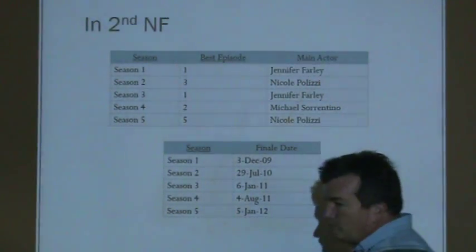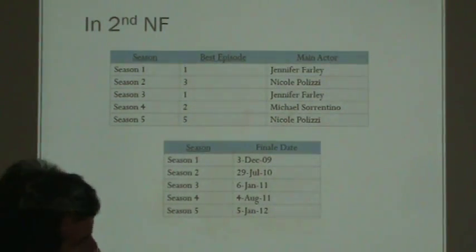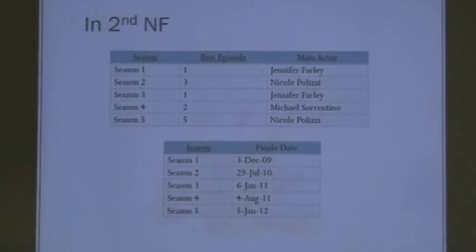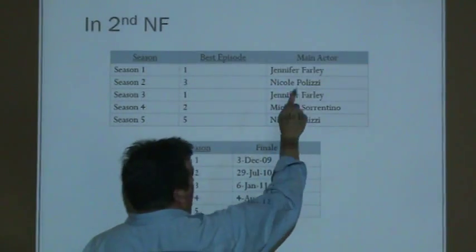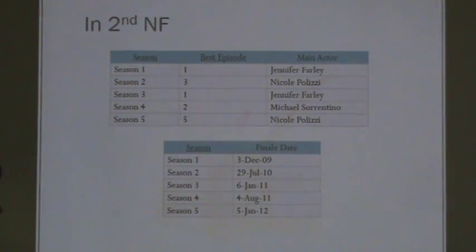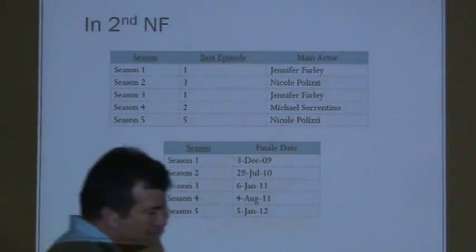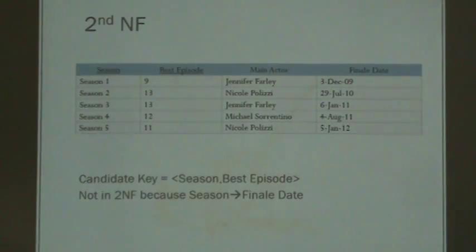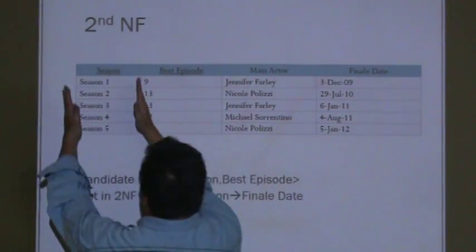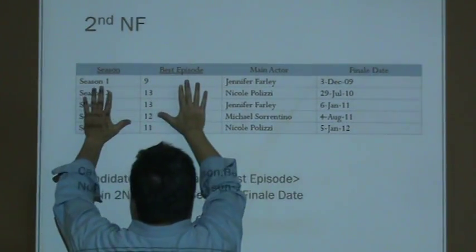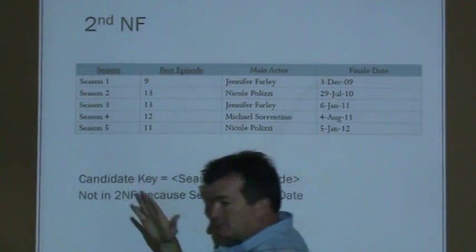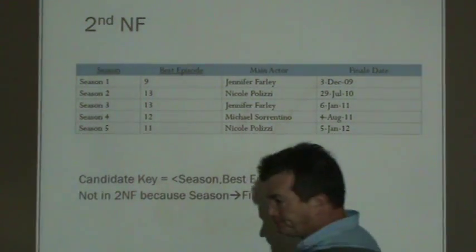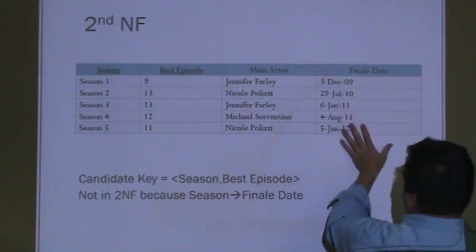Okay, so now the question becomes, since the second normal form is a more restrictive version than the first normal form, not only can every field only have one value, but we also removed the fact that we could have one part of the candidate key, a proper subset of it, tell you the value of another column.